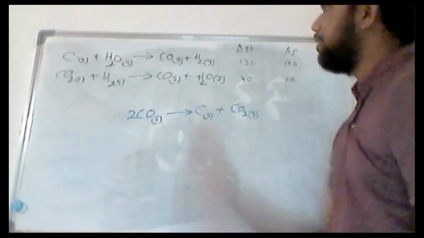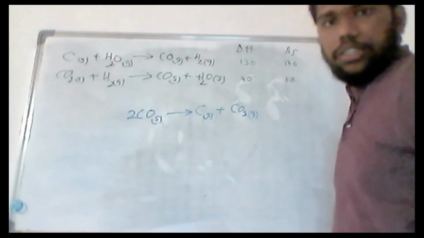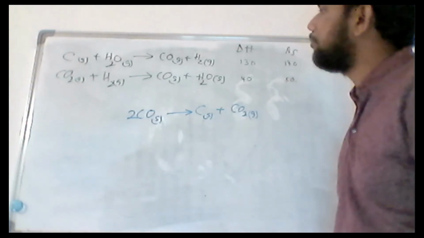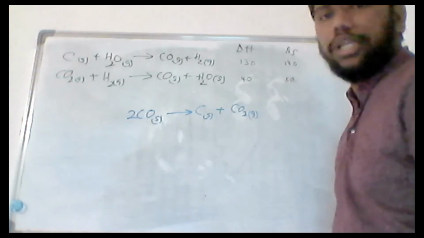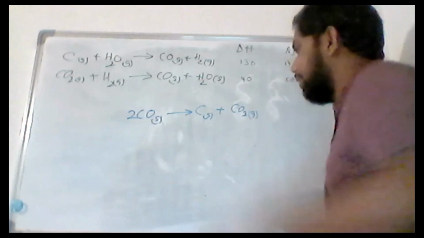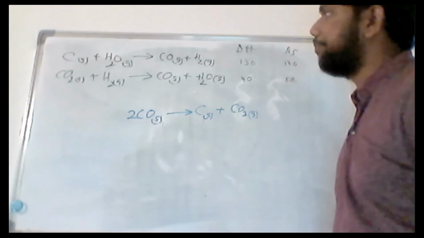Okay, so this is the reaction. So how are you going to approach this one? What do you think about these two reactions and the overall reaction? What do you see?